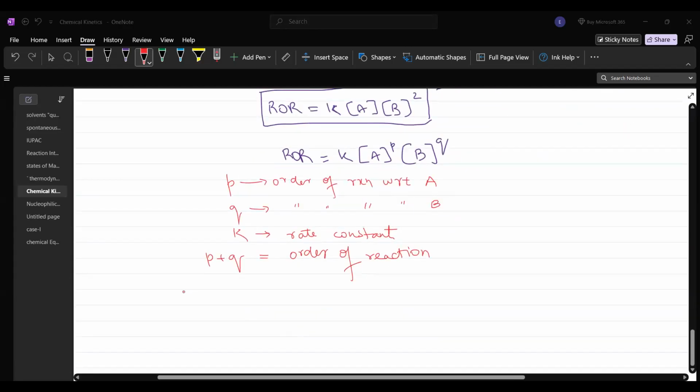So first solve a simple numerical, then you can write it later.